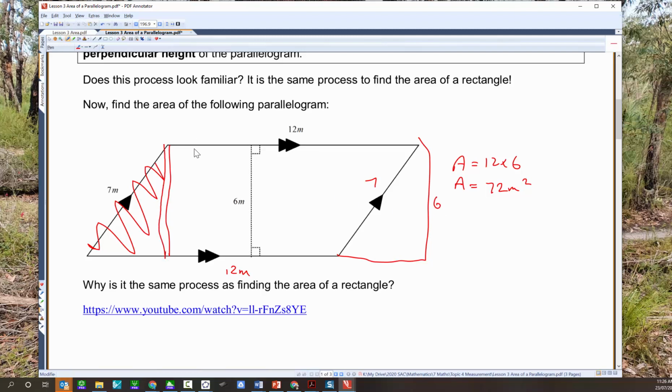Okay, and so we've just got a rectangle here. So again, I'll grab a different color to try and emphasize this. Let's go fluoro green and draw a line. So this is my rectangle. Oh, it's red, I don't know why. So once I remove that bit, I've simply got a rectangle that's going to be 12 meters by 6 meters, which is 72 meters squared.